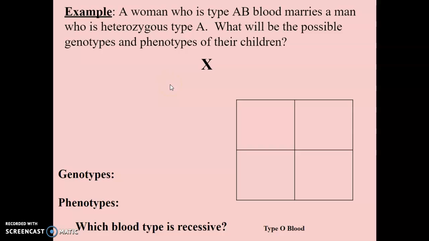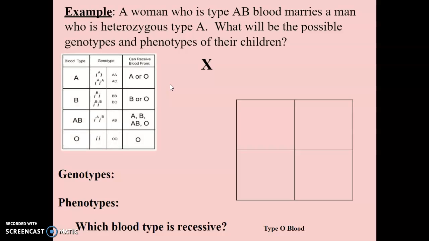So on every problem, we start with our APPS checklist. The first letter is A, which is our alleles. So I went ahead and copied and pasted the table from our last slide to show all the different allele types. Next, after alleles is P for parents, and so we need to find the parents now. So first we have a woman who is type AB blood.